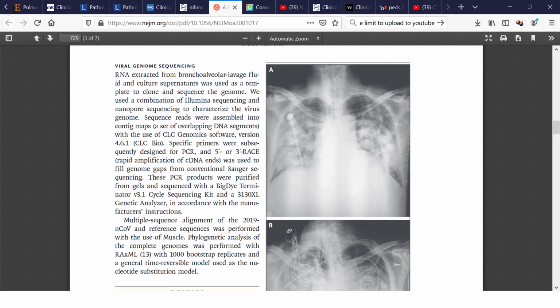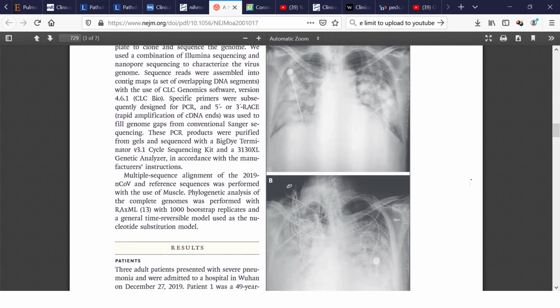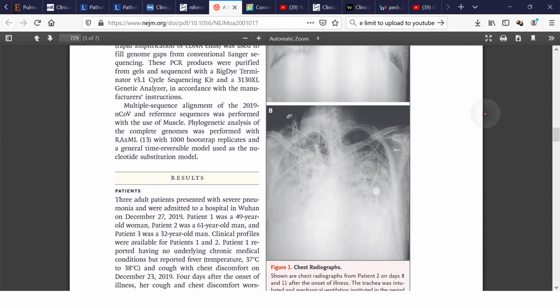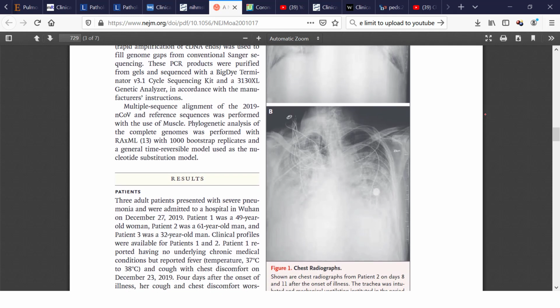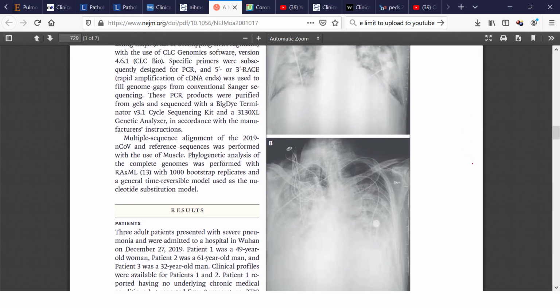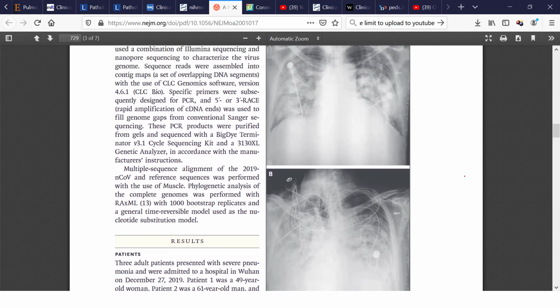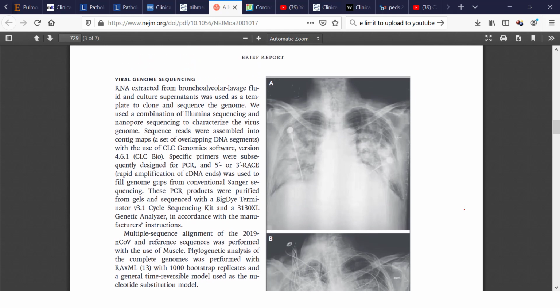Take a look at these COVID-19 patients with viral pneumonia. Take a look at this one, the B. Oh my goodness. Now we're seeing why these people are dying from the complication of coronavirus COVID-19, which is referred to as acute respiratory distress syndrome, because they have all this pus.